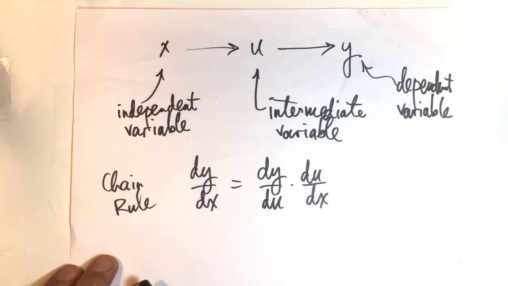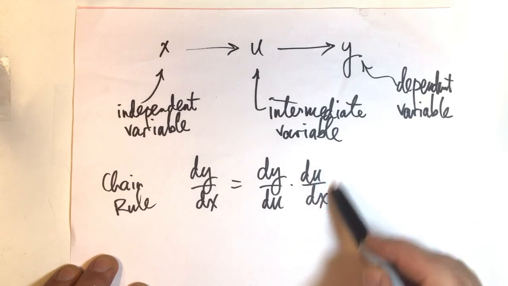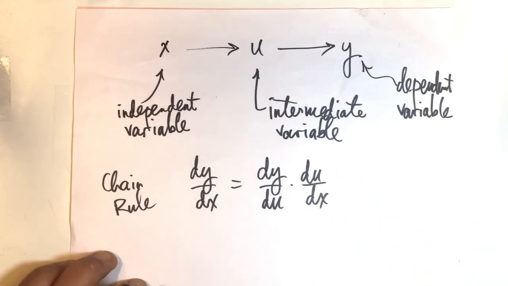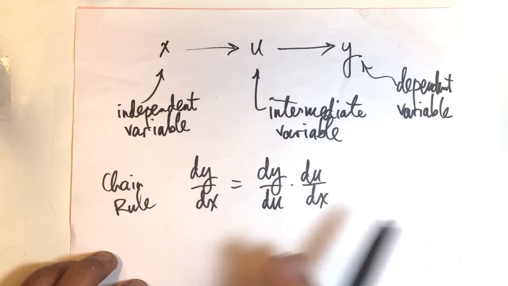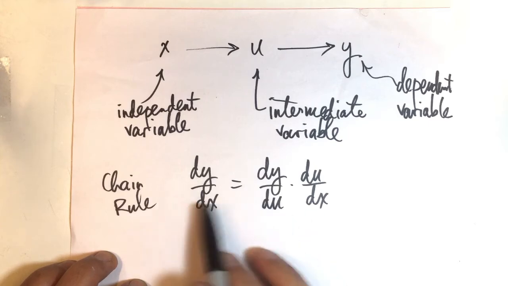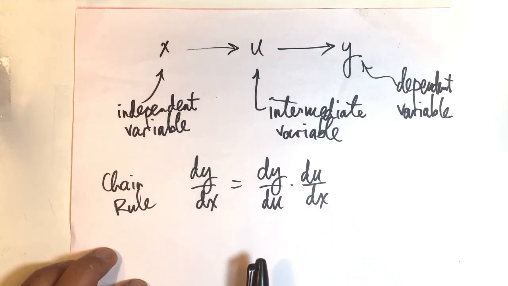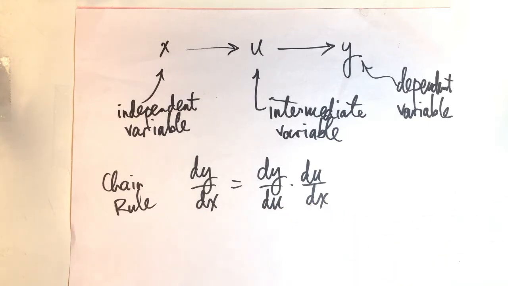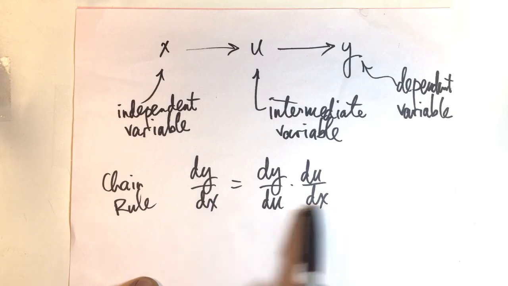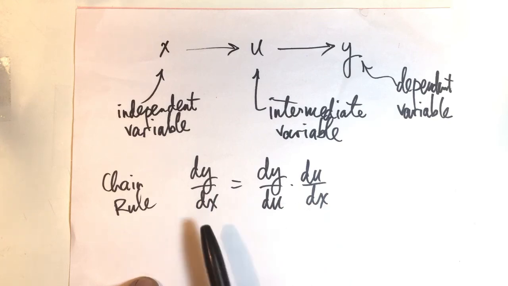They're, of course, not the same thing. That's why we have to multiply by this. Although they're not the same derivative, they are related. They're related exactly by the chain rule. So when we talk about related rates, it's the derivatives, at least three derivatives that we're relating together by the chain rule.